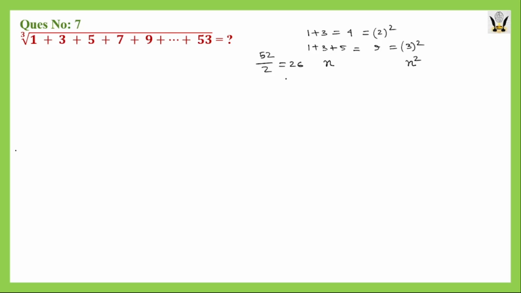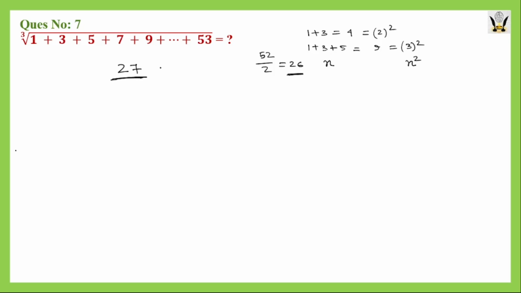It is 26. That means from 1 to 52, we have 26 even numbers and 26 odd numbers. Now the next number is 53. Till 51 we had 26 odd numbers, and then we have one more odd number, which is 53. That means within this series sum, we have in total 27 odd numbers.